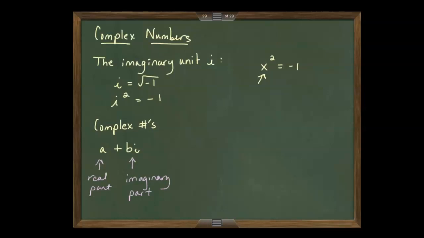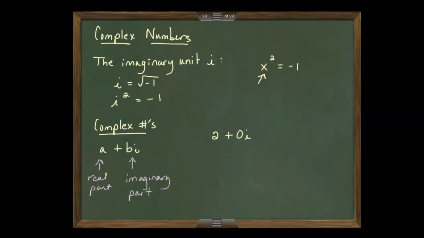You can have pure imaginary numbers. The bottom line is that all numbers can be written in complex form. So if you had a number like just 2, you can write 2 as 2 plus 0i. So in complex form, that is how you would write 2. 2 has a real part, but it has no imaginary part.